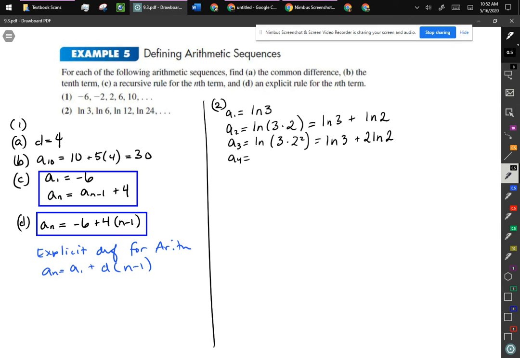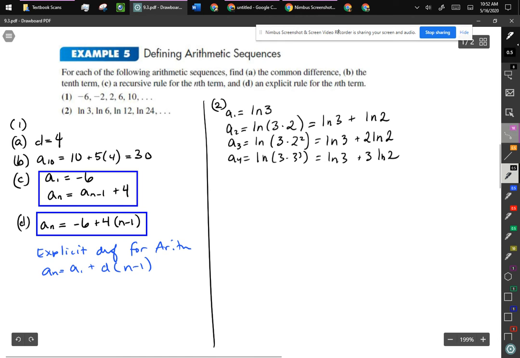And so notice we've added another ln of 2. And then the next one, right, would be ln of 3 plus 3 ln of 2. And so you can now see that there is a common difference of ln of 2. You always just take whatever the previous one is and then add ln of 2.